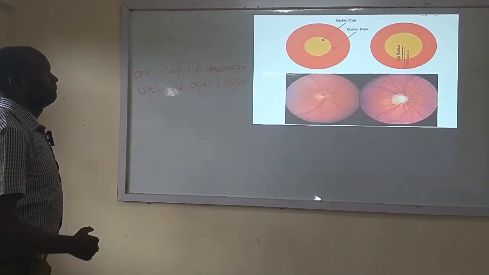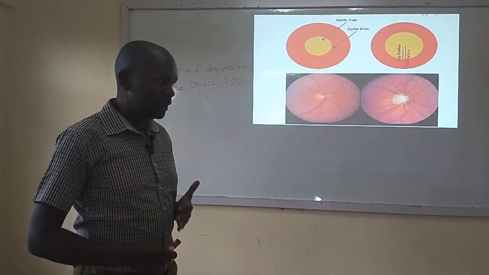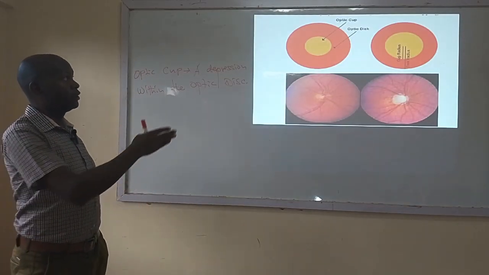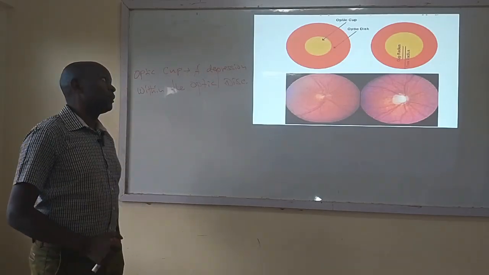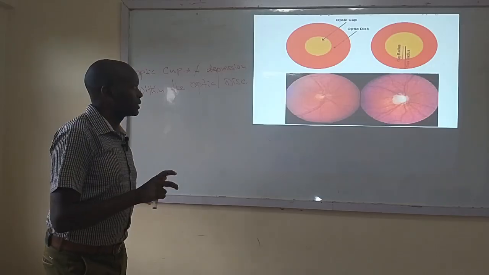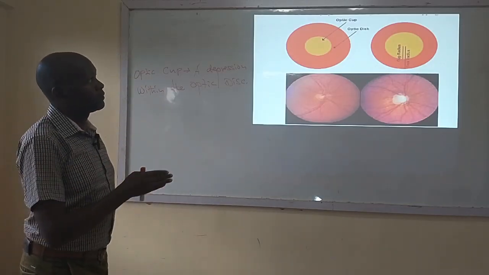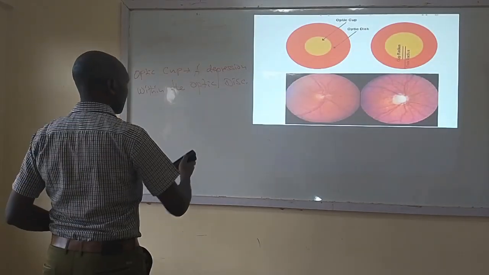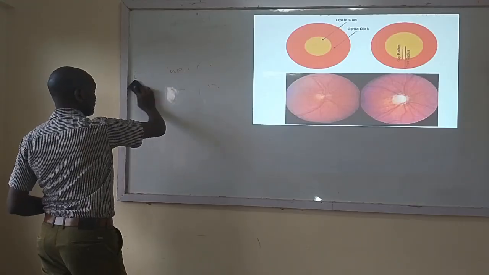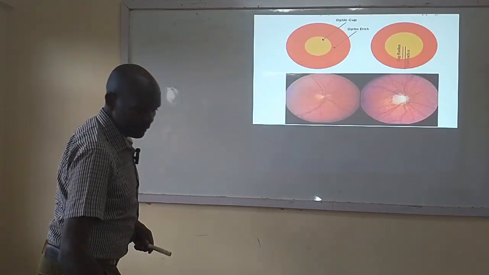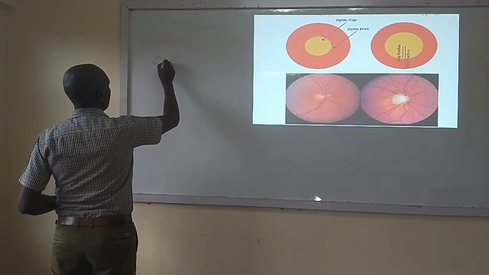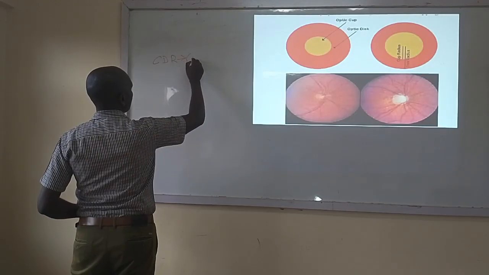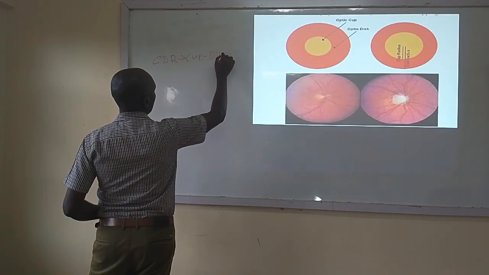So normally, when the optic nerve is exiting the eye, that point is known as the optic disc. Within that optic disc, there is a small depression, and that is what we refer to as the optic cup. Therefore, it brings us to something known as the CDR. CDR is just what you are referring to as the cup to disc ratio.